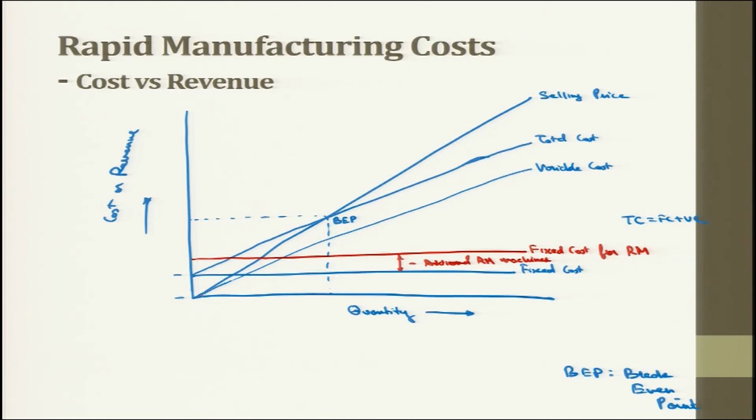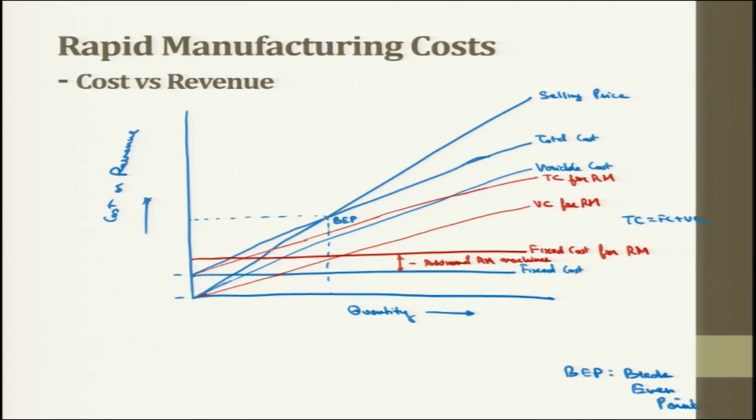Variable cost would start from here, because now we are talking about additive manufacturing. Variable cost would be a little lower. This is variable cost for rapid manufacturing. If I add this to the total cost, it will be something like this. This is the total cost for rapid manufacturing.